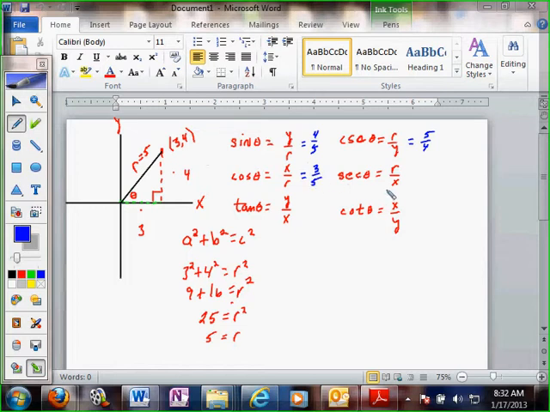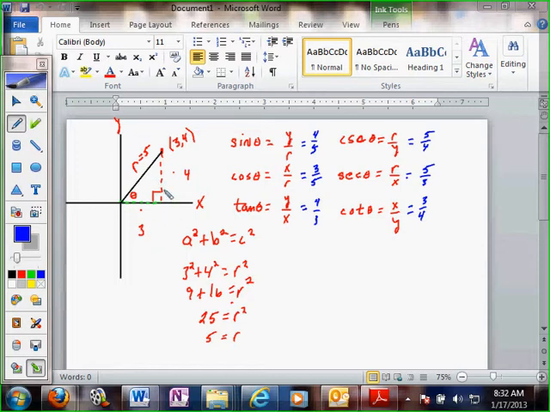Since secant is the reciprocal of that, it's 5 over 3. Tangent is y over x, which is 4 over 3. And cotangent is the reciprocal of that, which is 3 over 4. Pretty straightforward. Let's look at one more example.